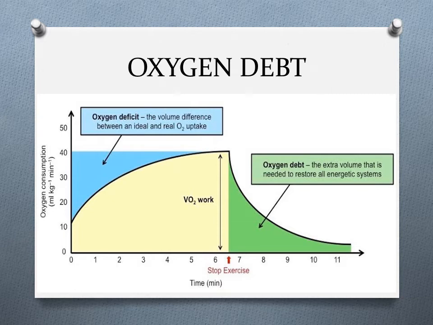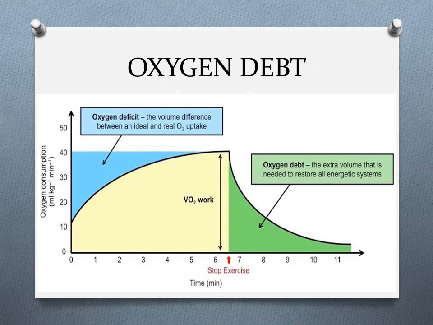It doesn't have the capacity. The blue area is the oxygen deficit. It is the volume difference between an ideal and the real O2 uptake, meaning this amount of oxygen should have been taken, that is, the blue area and the cream area.